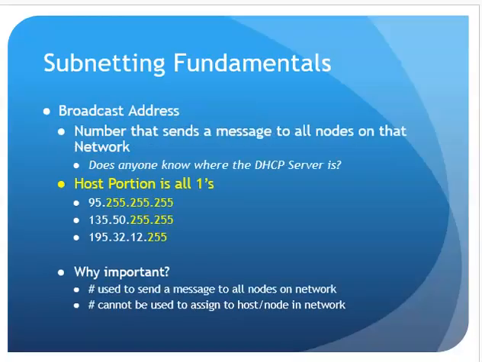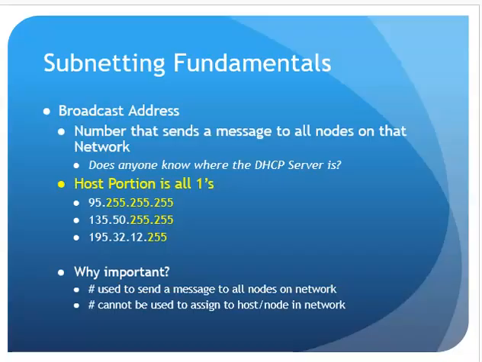Remember your network number. The other end of the stream, we need to remember our broadcast address. Remember when we have all ones in the host portion, 255 typically, that is a broadcast number that can get used to send a message to everybody on that network. I might send a message out to say, hey, does anybody know this address? That'd be a broadcast. That is going to hopefully just go to my network.